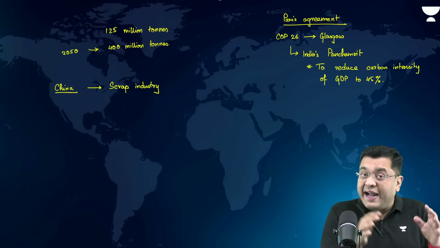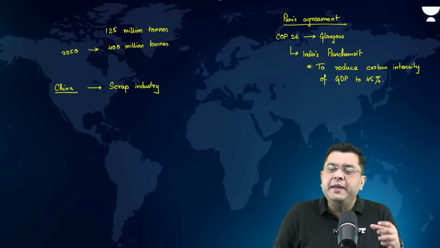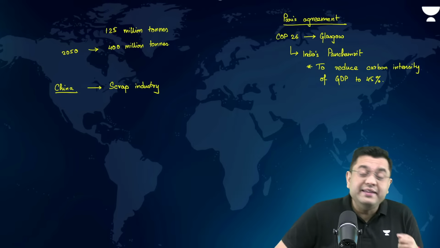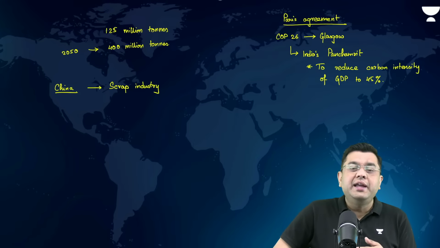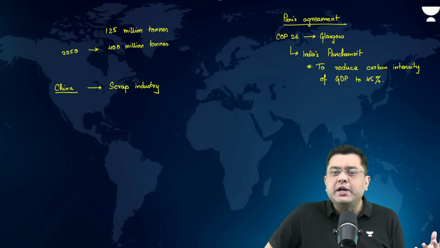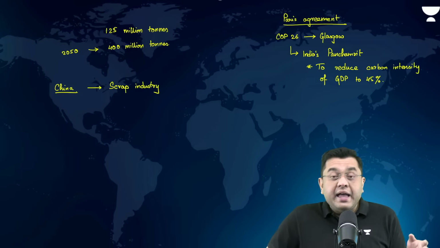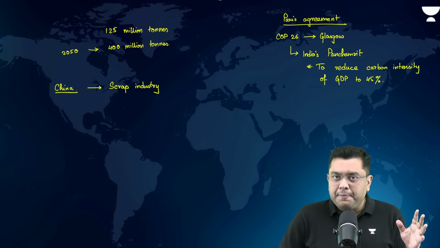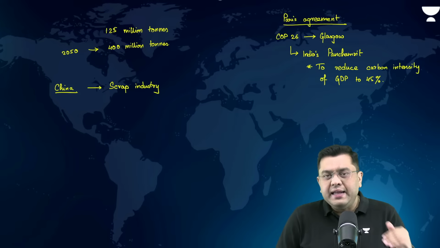So already in that case of circular economy, you have lesser emissions. China is reinvigorating the scrap industry at a massive, unprecedented scale, which is almost unparalleled across the world. Along with that, China is also infusing the aspect of green steel. So this is where they are taking an edge.